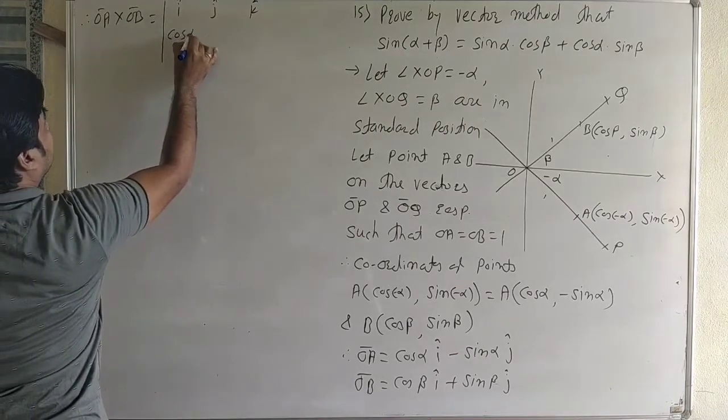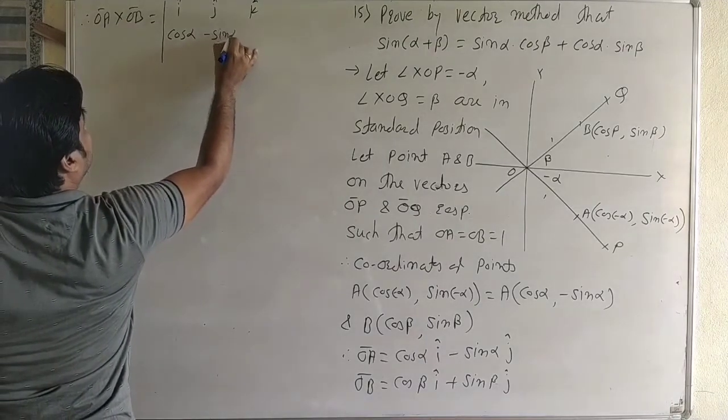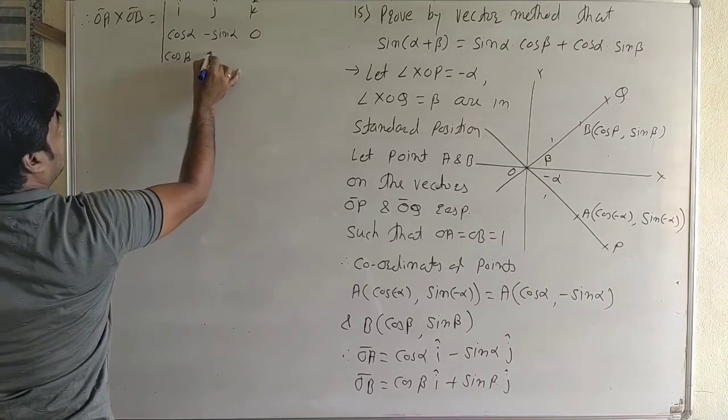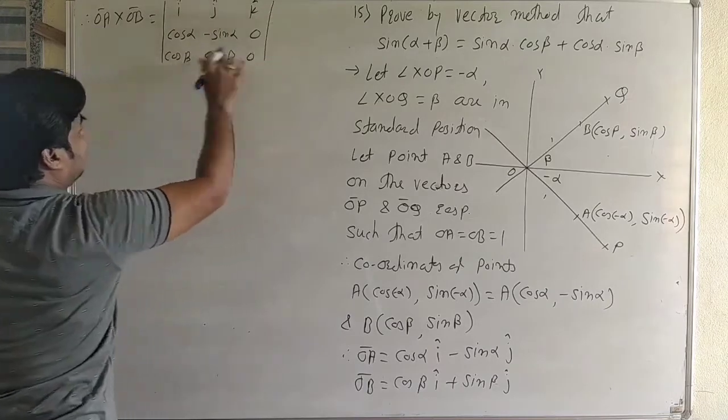Cos alpha, minus sin alpha, 0; cos beta, sin beta, 0. Okay, we take the components.